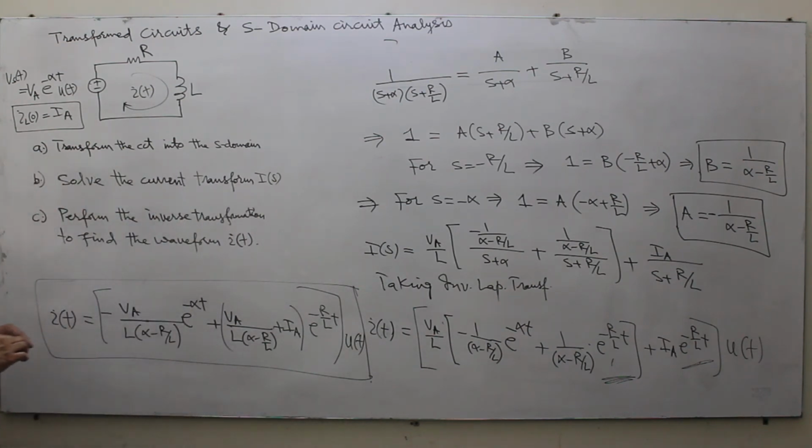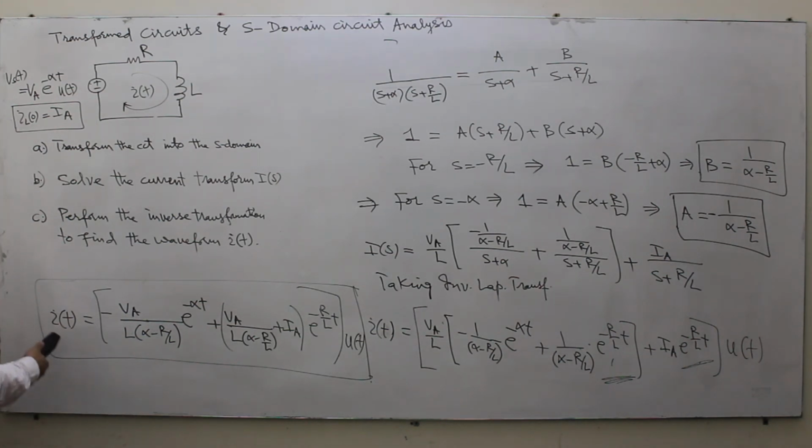So we have noticed that first we transform the circuit into the S domain, then we solve for the current transform, and then that was converted back into the time domain by taking the inverse Laplace transformation into the I of t. So this is how we can solve or do the analysis for our given circuit.